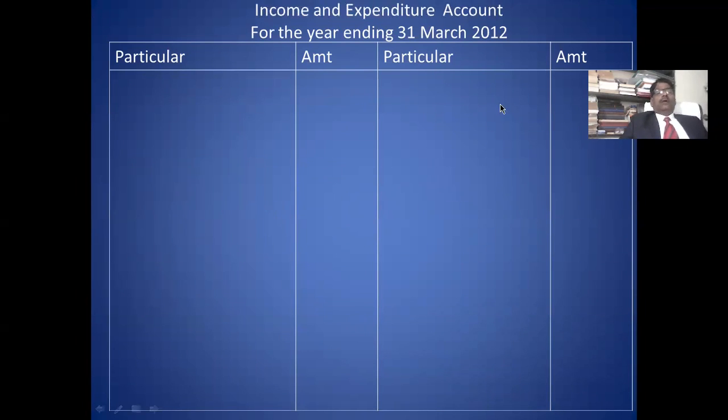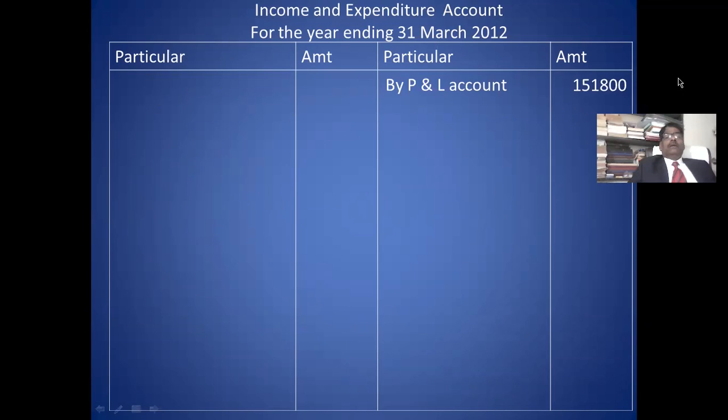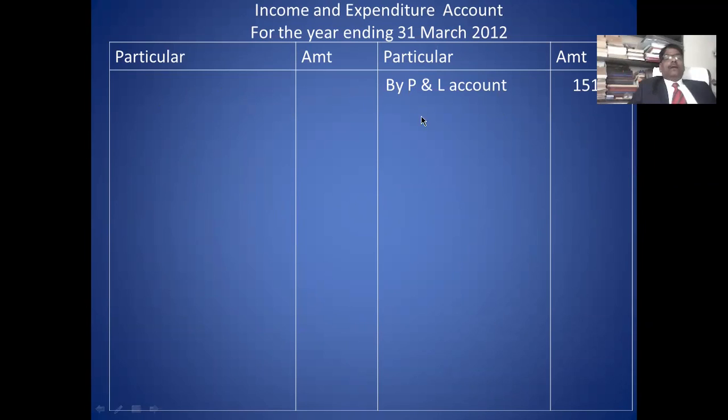So first you take the P&L account profit. Profit is 1,51,800. Okay. Next, you take interest. Interest, private interest related to household, 8,000. Okay, two are the incomes.